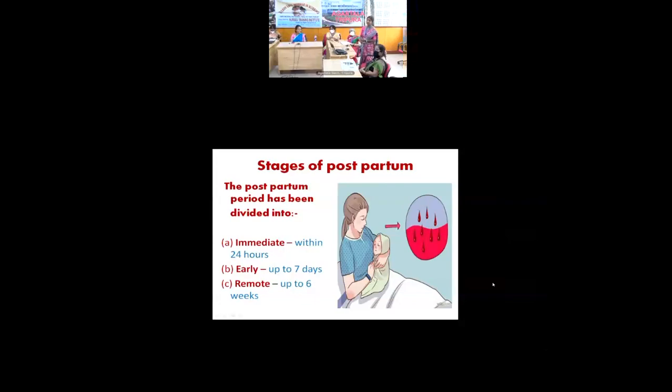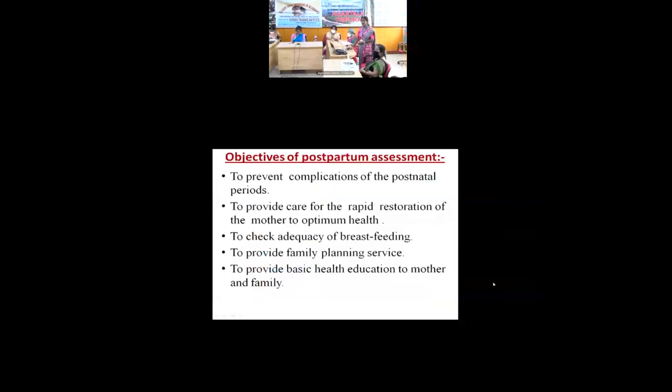In this postnatal period, we divide it into 3 stages. The first is the immediate postnatal period, within 24 hours after the delivery of the placenta. Then the early postnatal period, up to 7 days, and remote, up to 6 weeks.